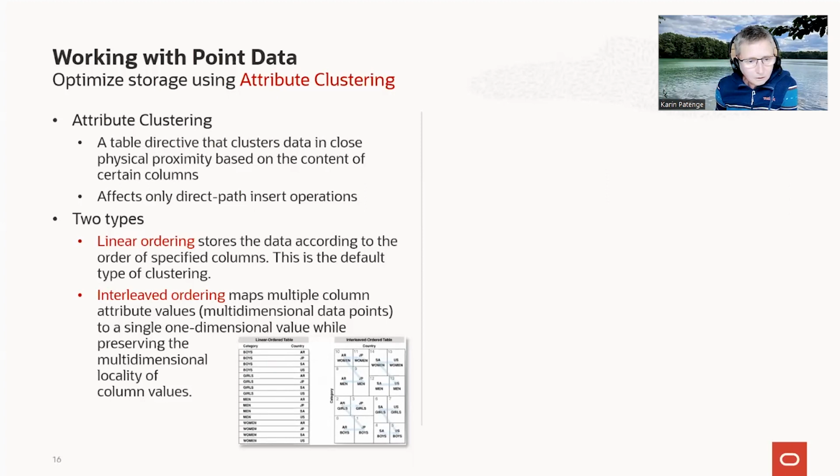And there's a second method I'm going to show you in a couple of seconds that takes all the columns specified for attribute clustering and turns them into a one-dimensional value and applies that to create a specific order of how the data are stored physically. And you can see here the shape of how the data are stored, a storage optimization.